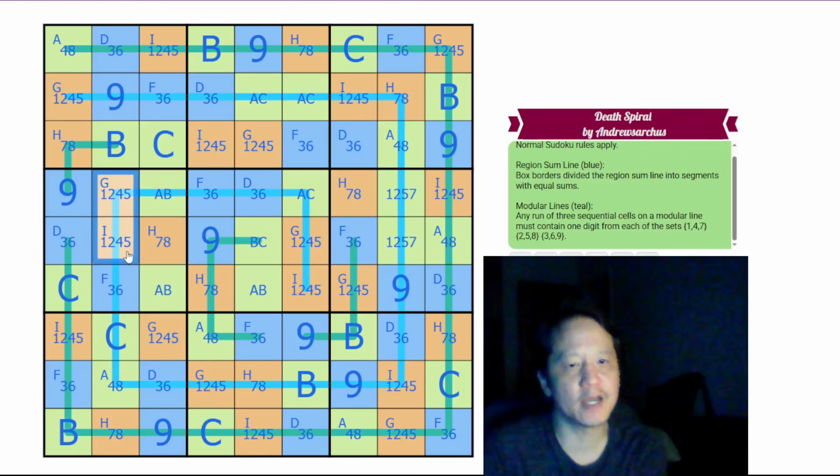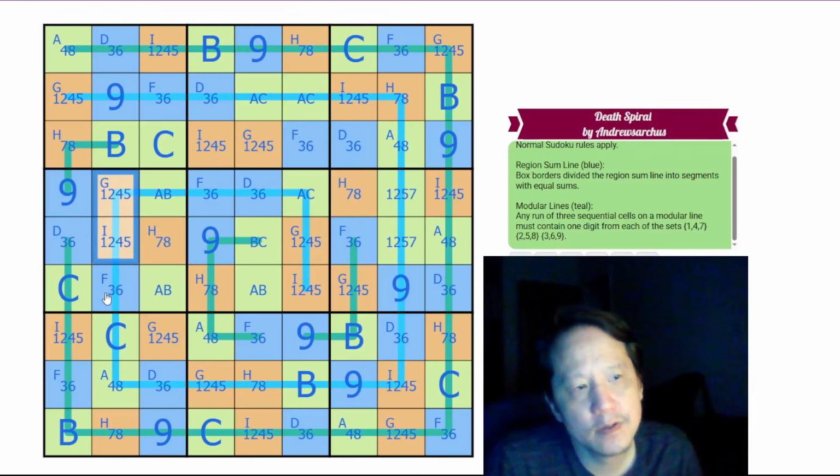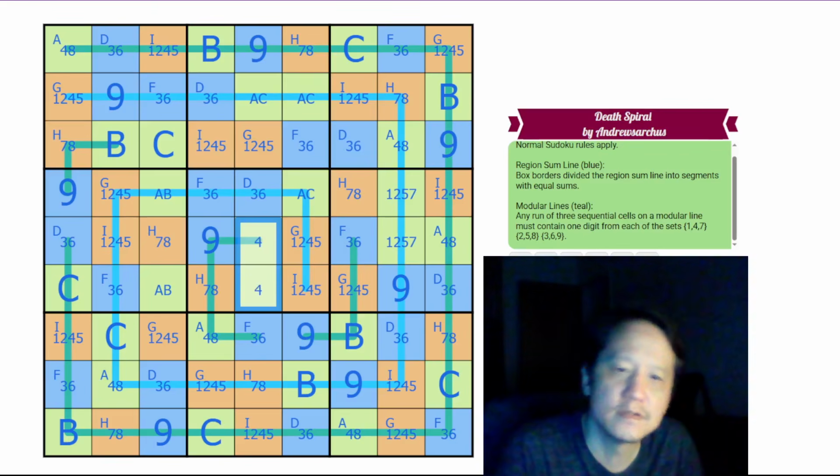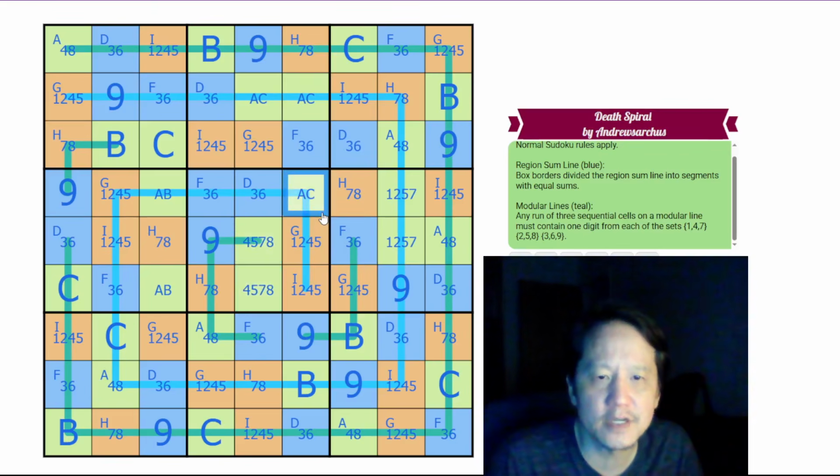So then this would have to be... this is 3 and 6. This is 7 and 8. This is essentially 4, 5, and 7 and 8. So this has to be 1 or 2 here.